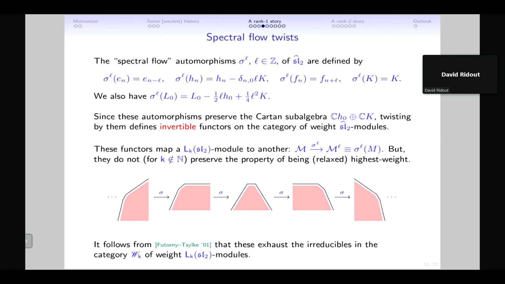So that's nice. That means that if we understand the relaxed highest weight modules and we understand spectral flow, then we understand all the irreducibles of our weight category, and hopefully that will be enough in order to do nice things.